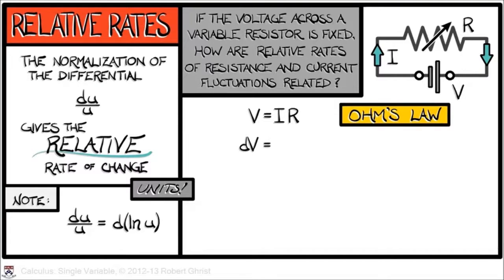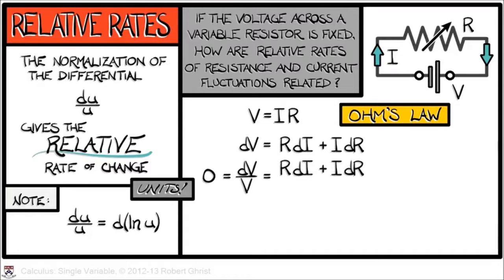Now, if we differentiate both sides of this equation, we get dV equals R dI plus I dR. And now, to compute the relative rate of change, we look at dV over V. That must be 0 since the voltage is fixed.